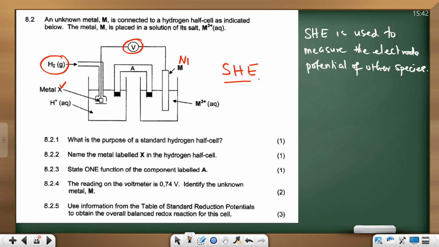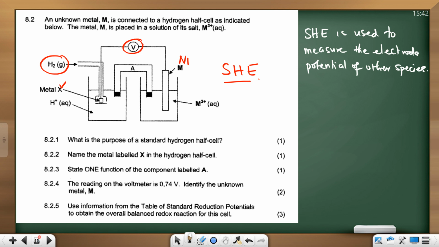So I guess that's sorted, right? State one function of the component. I see answers are coming in. Complete the circuit, maintain electrical neutrality in the half cells. Beautiful. Guys, please identify M. The reading on the voltmeter is 0.74.